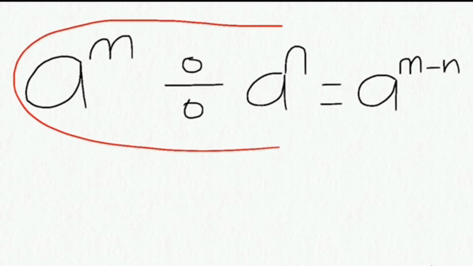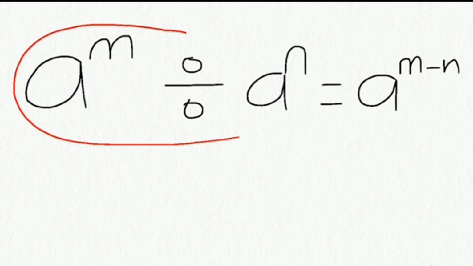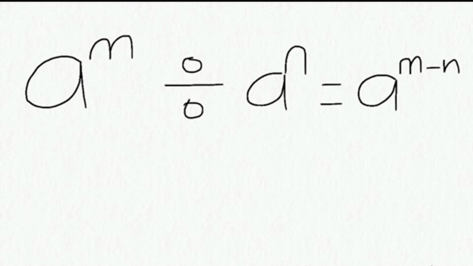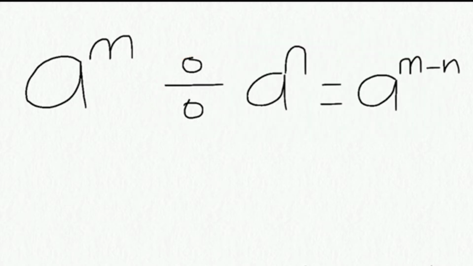This rule was discovered by a mathematician a long time ago, and it says that if you find numbers or variables dividing each other in this form, and the bases are the same, and there's a division sign, note that there's no more a multiplication sign, but this time we have a division sign.